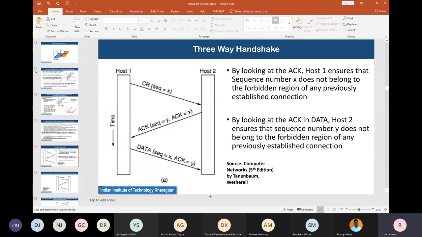Host 1 is telling it that the next expected segment from you should have y. And it will send y, and in its acknowledgement field, it will have x plus 1 because it has successfully received something with sequence number x. To remind host 1, look, your next task is to send x plus 1. In this way, they positively help each other in remembering what sequence number they should follow.